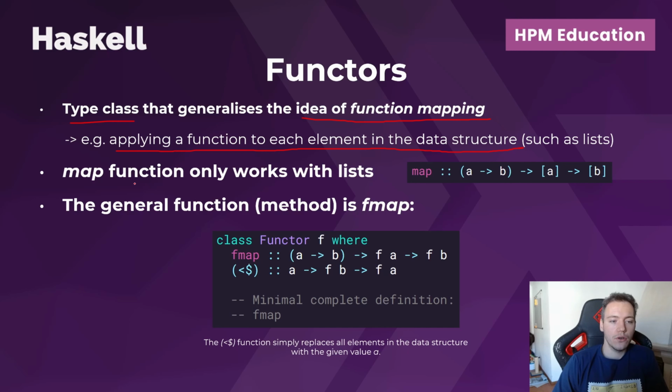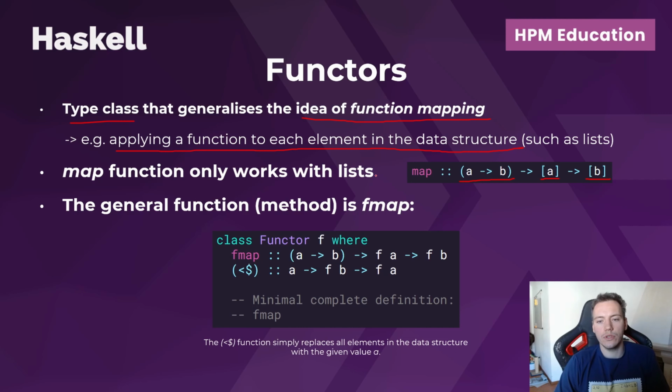Anyway, we already know the map function that works with lists, and we know its type signature: a function from A to B, a list of A's, and finally the result, a list of B's, which is the result of applying the A to B function to each element of the list of A's.